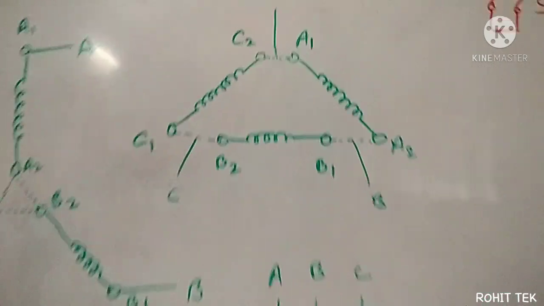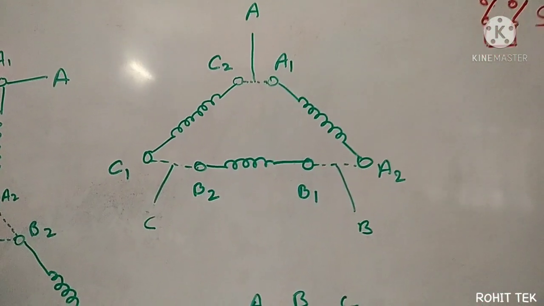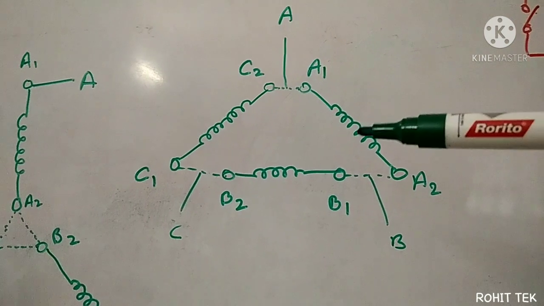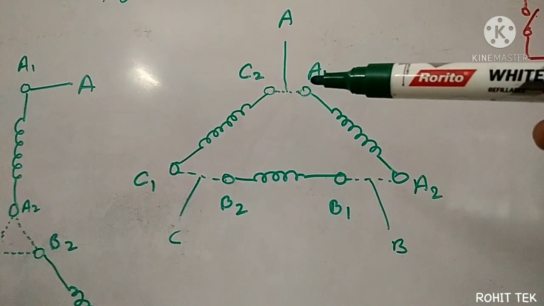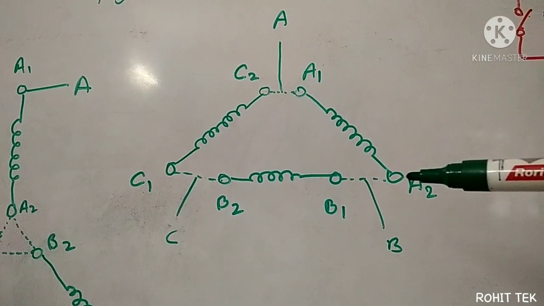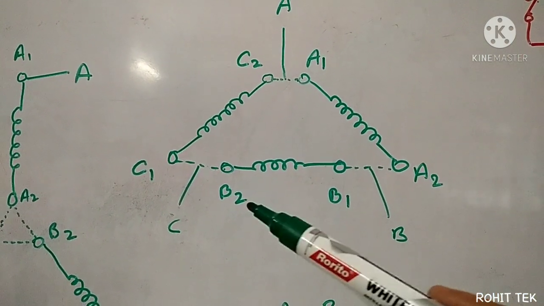And here in delta, same, there are 3 windings, 6 terminals. What I've done, I have shorted A1 with C2, A2 with B1, and B2 with C1.